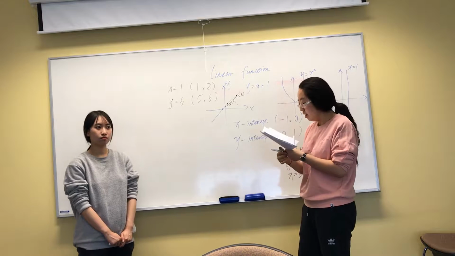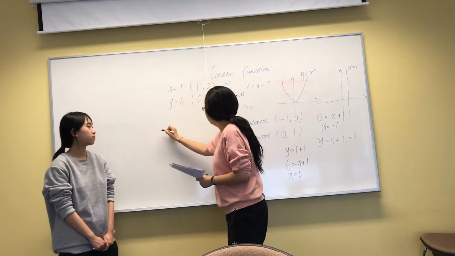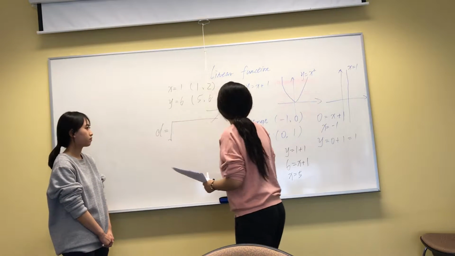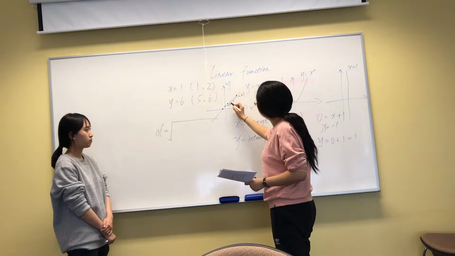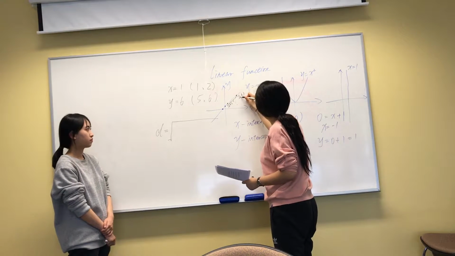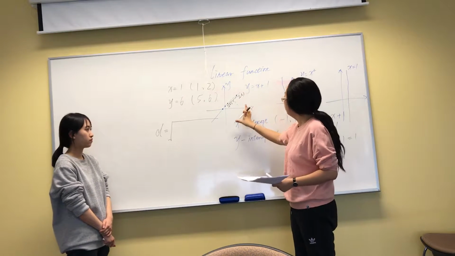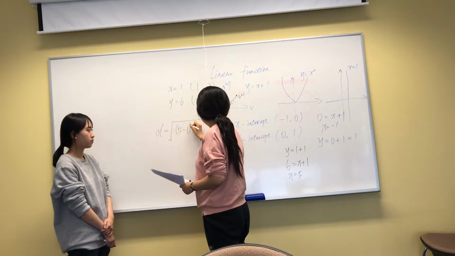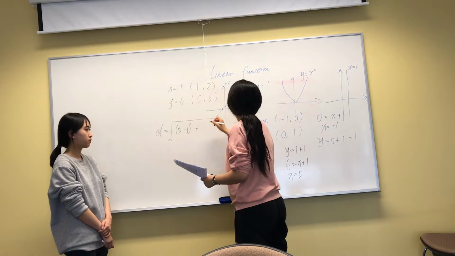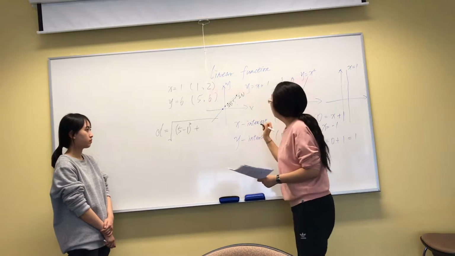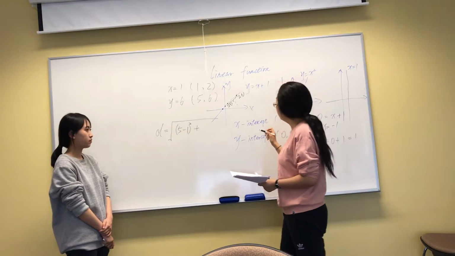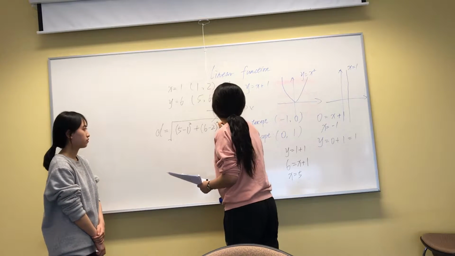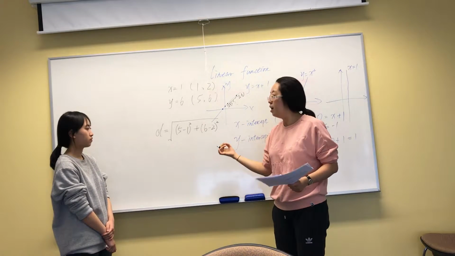So how do we find the distance between two points which lie on a linear function? There is a formula: the distance d equals the square root of, so 1 here and 5 here are the x-coordinates of these two points, so we use (5 minus 1) squared, plus 2 and 6 are the y-coordinates, so (6 minus 2) squared, and then we add them together and take the square root.